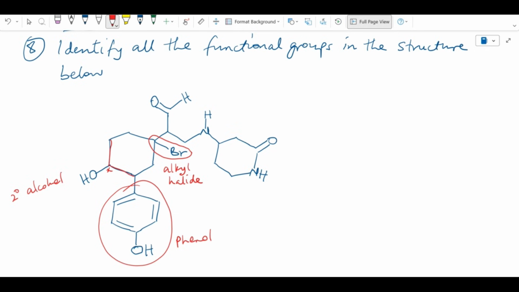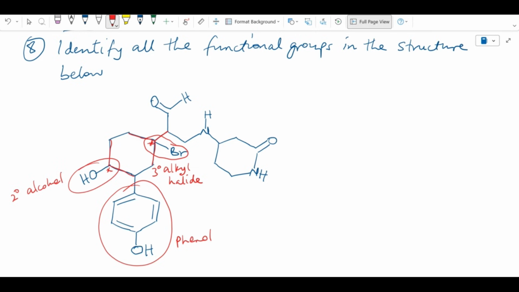The type of alkyl halide we have here is tertiary alkyl halide, because the carbon that the bromine is attached to is connected to three other carbons. 1, 2, 3. Therefore, we call this tertiary alkyl halide.